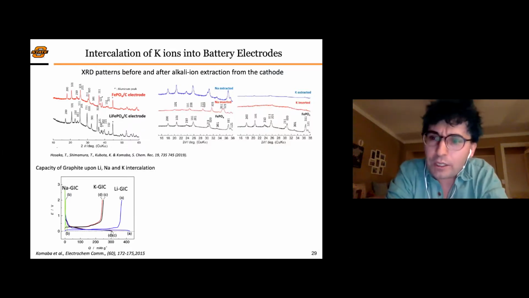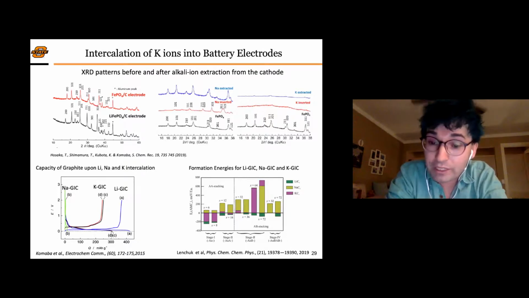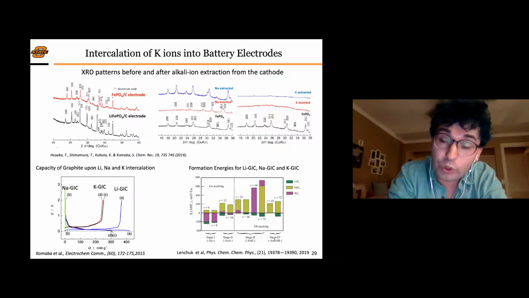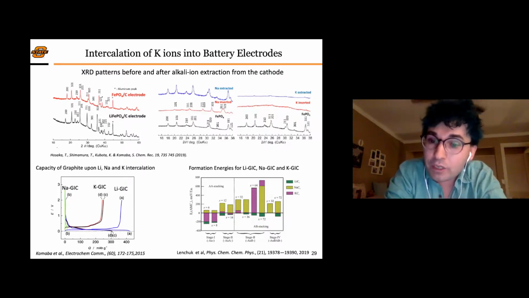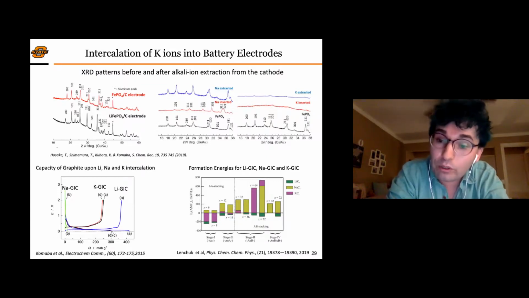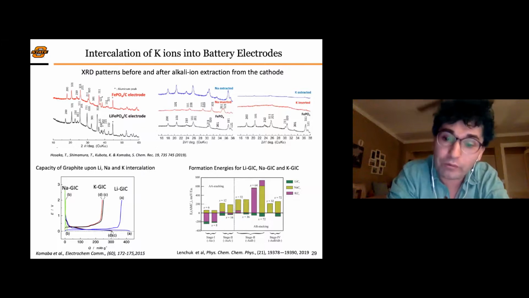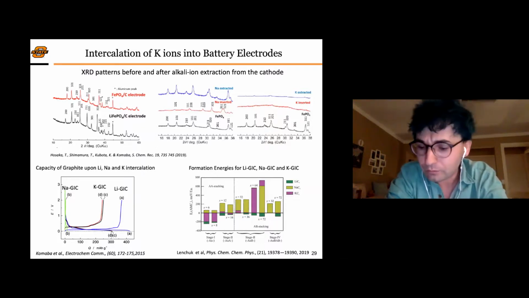But in the literature, we know that graphite allows potassium and lithium intercalation, but does not allow sodium to intercalate. Previously, DFT calculations showed that it is not only a pure size effect, but it might be associated with the formation energies, depending on the compounds you are forming with lithium, sodium, and potassium.